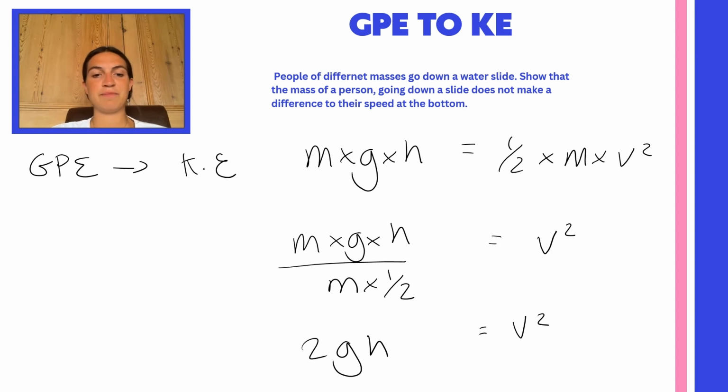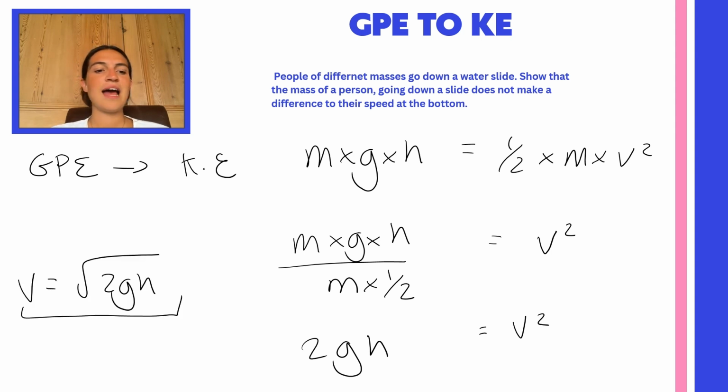So if I simplify it, the masses cancel, and that half, because it's on my denominator, gets moved up to the top. So I have 2 times g times h is v squared. And therefore v is root of that, root 2gh. g is 10 and h is just to do with the height of the slide, so I can see that that speed is independent of mass.